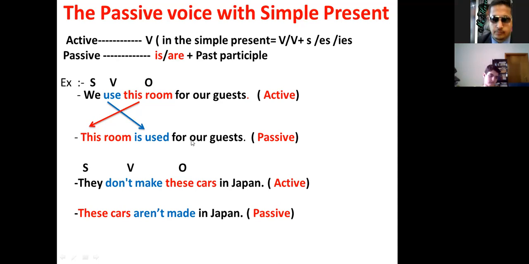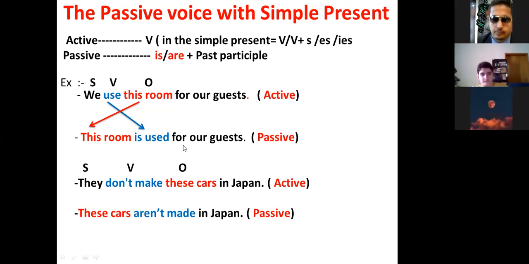Okay, Mary Chris is the next one. Can you hear me? Yes. They don't make this card in Japan. In the active way, and in the passive, the steps again that we said: determine the parts of speech. First, in the active way, the subject, verb, and object.